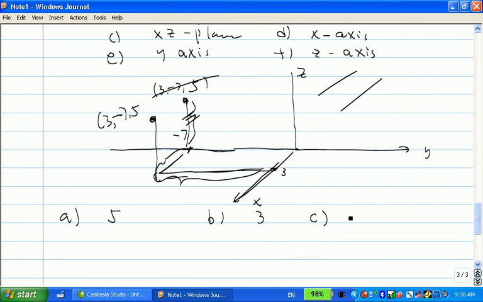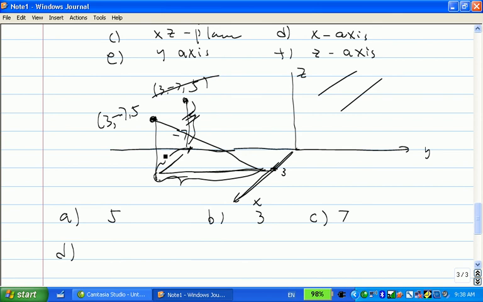Which is what? 7, right? We're talking about distance, so you don't say -7, it's 7, okay? Okay, D. To the x-axis, okay? So, this is the point. Here is the x-axis, so the distance to the x-axis is this length.